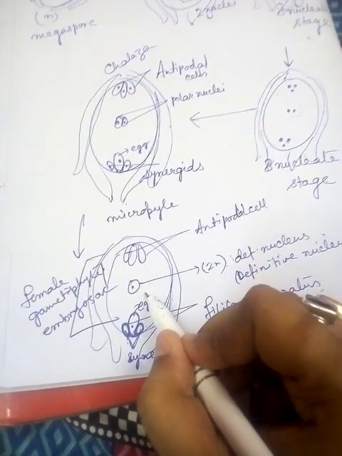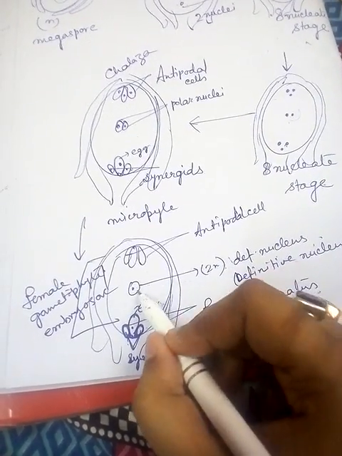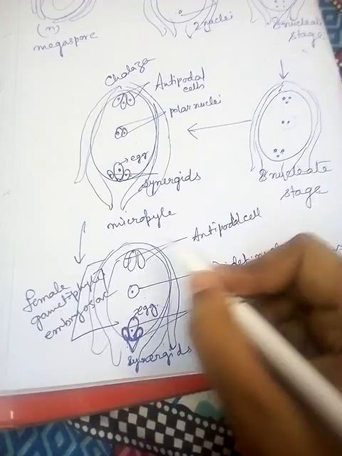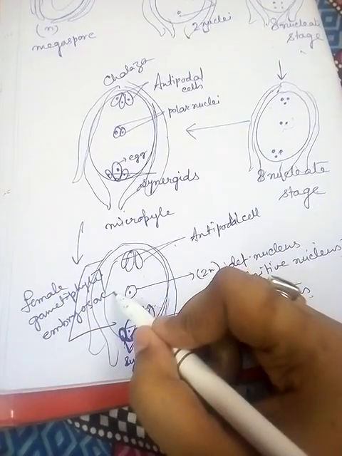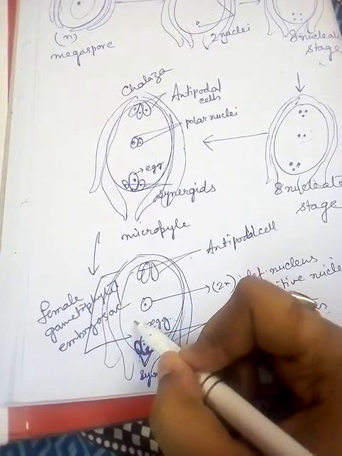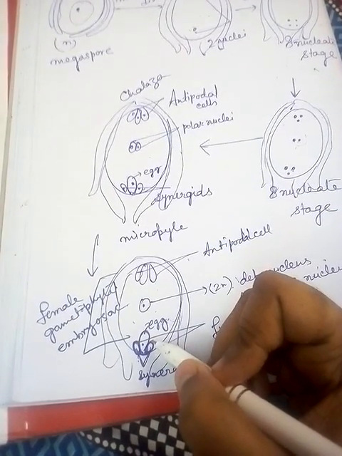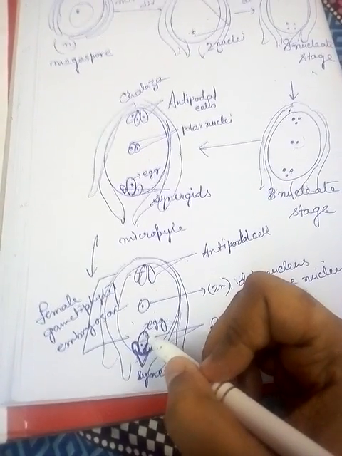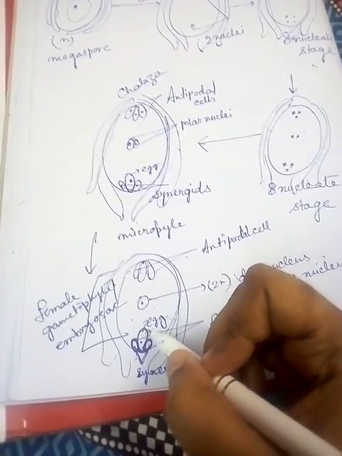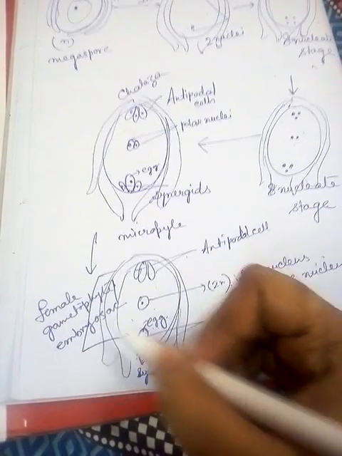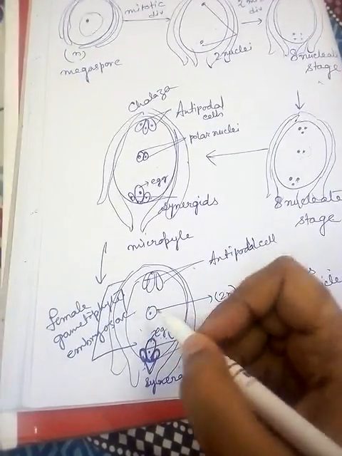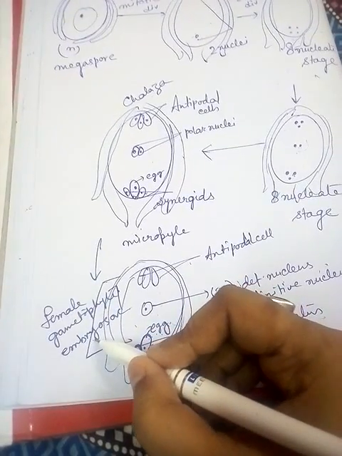The definitive nucleus is the only diploid structure within a female gametophyte. This is the female gametophyte or embryo sac. Why is it known as the embryo sac? Because after fertilization, the male gamete fuses with the egg forming the diploid zygote. From the zygote, the embryo develops within the female gametophyte. That's why the female gametophyte is also known as the embryo sac.